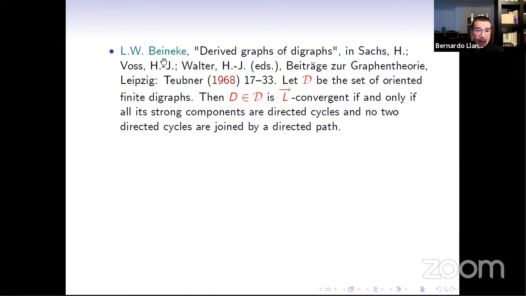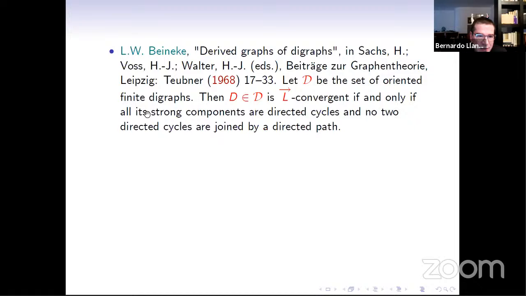And then Beineke, again in the 60s, could prove that a simple, oriented digraph is L-convergent if and only if all its strong components are directed cycles and no two of them are joined by a directed path.